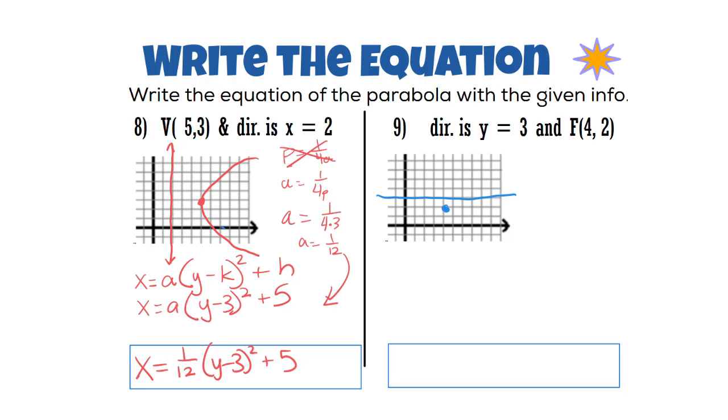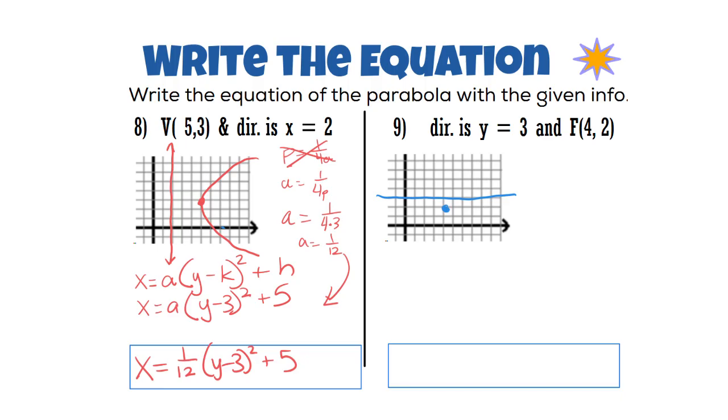Remember, I'm going to use this as an example. Here's your vertex. Going one way is the directrix, the other way is the focus. The vertex falls smack dab in the middle of the focus and the directrix. And I know the focus and the directrix, they're right here.